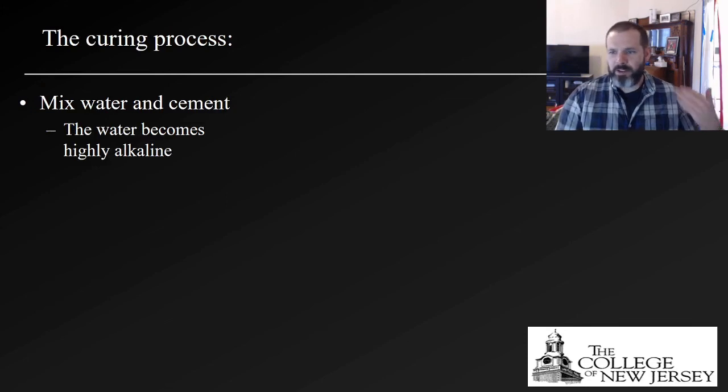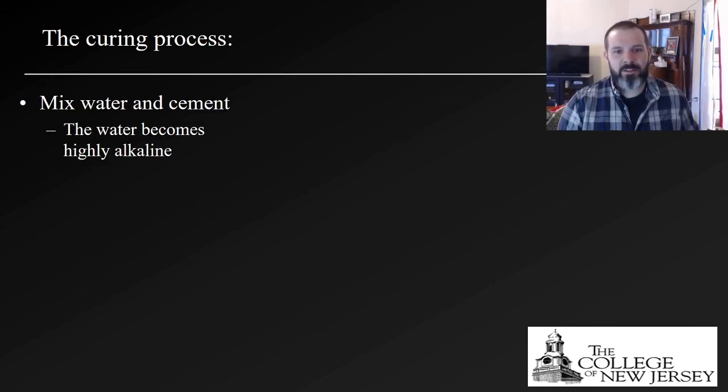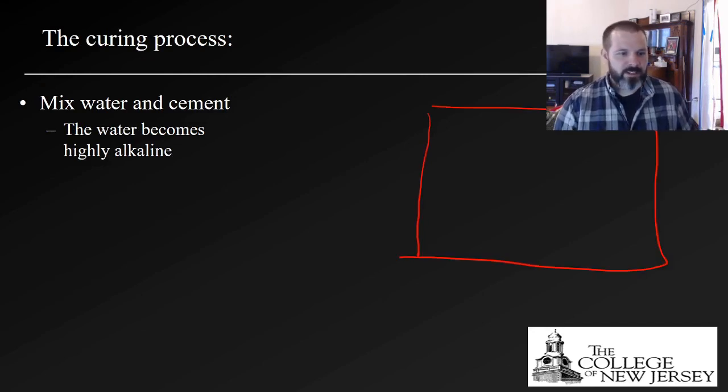Now, here is how the curing process works. Let's say we have just a box. Inside that box, we're going to have, we'll use green for cement because I like green.